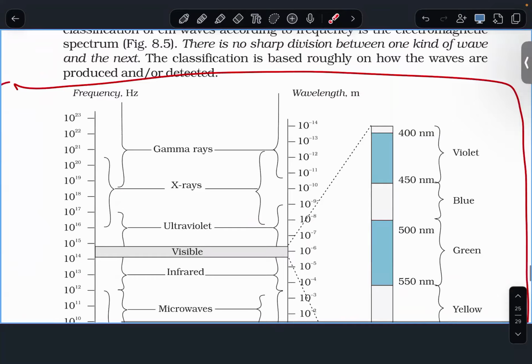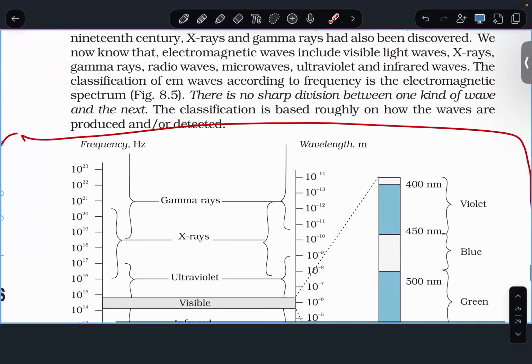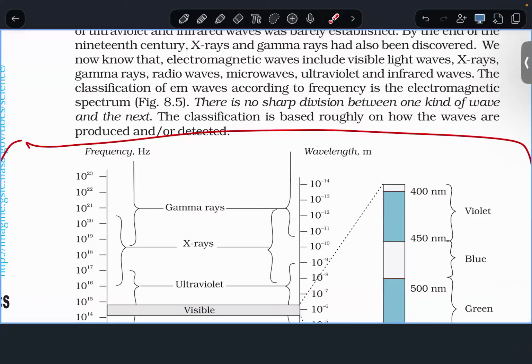One important point is that there is no sharp division between one kind of wave and the next. It is continuous.